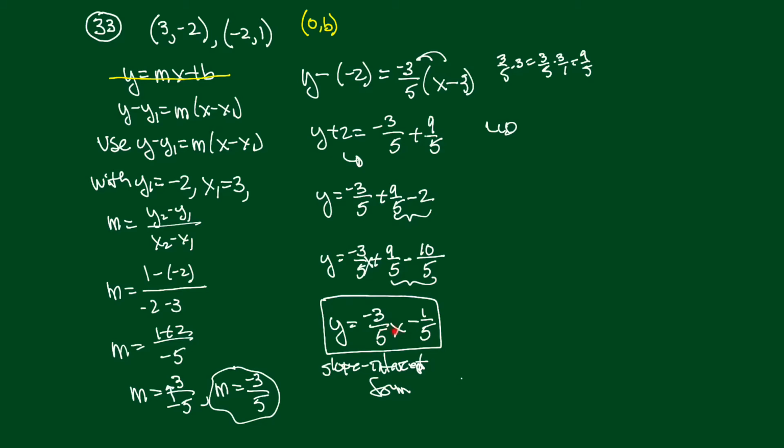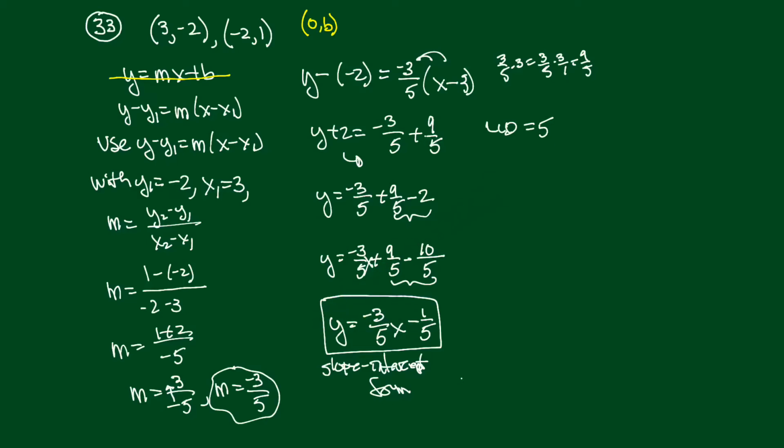But this form here, this is slope-intercept form, and the problem asks us to write it in standard form, which is the x's and y's on one side, the constant on the other. So one thing we could do is get the LCD and get rid of the fractions, and the LCD here is 5. Then you're going to multiply every term up here, all three of them, by 5, right? So I'll write the 5 here, here, and here.